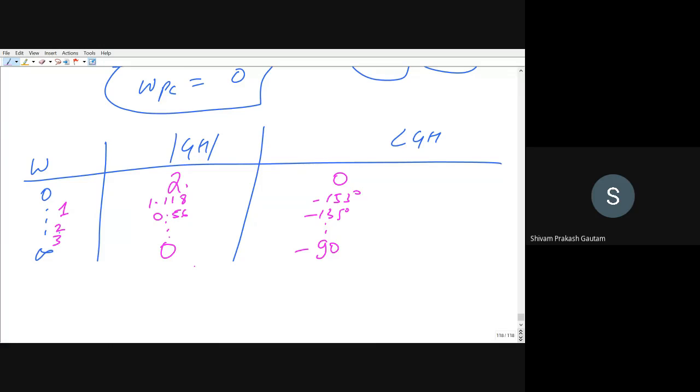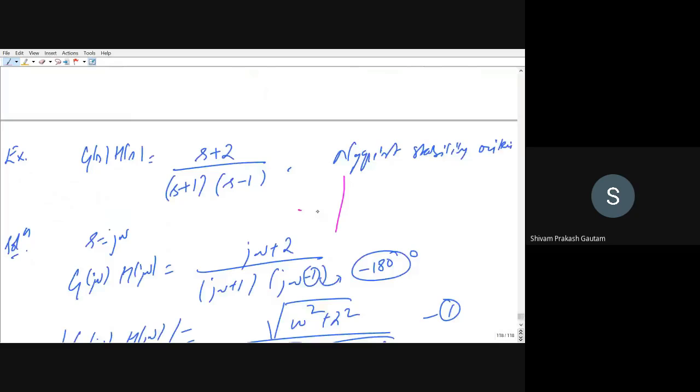Now here also you can draw the Nyquist contour. There are no poles at the origin, so our Nyquist contour will be like this. This is our S plane.